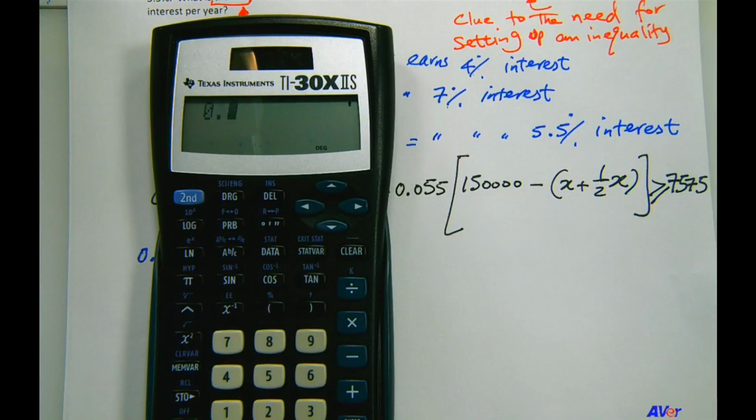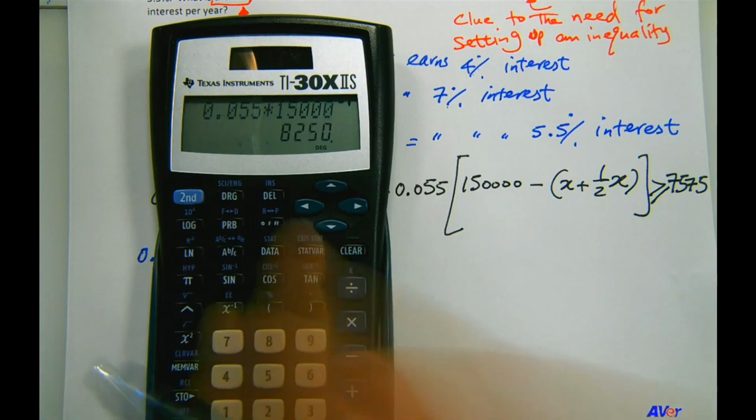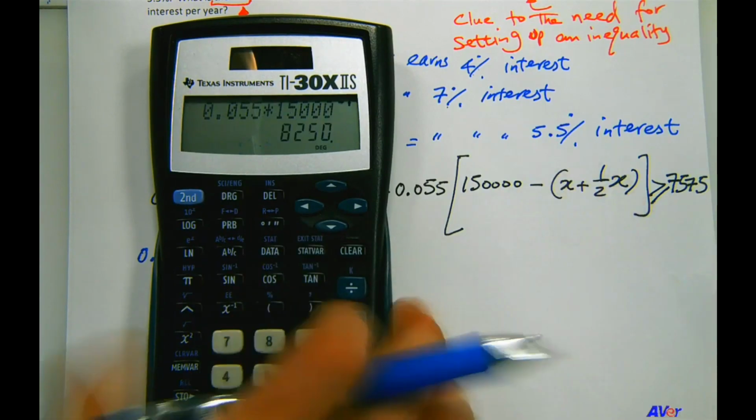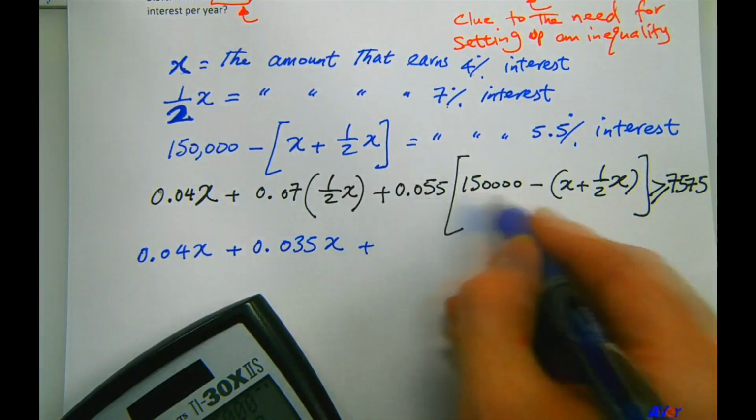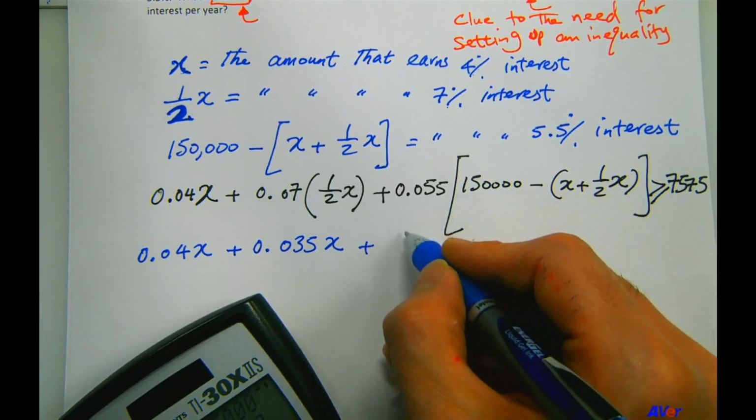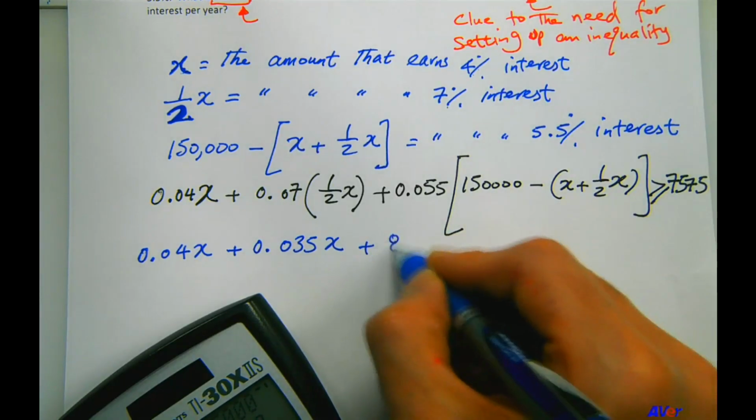So 0.055 times 150,000, we have 8,250. I'm just distributing this 0.055 into everything here. And 8,250.